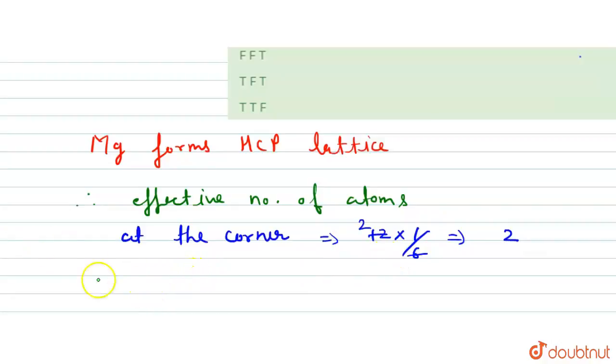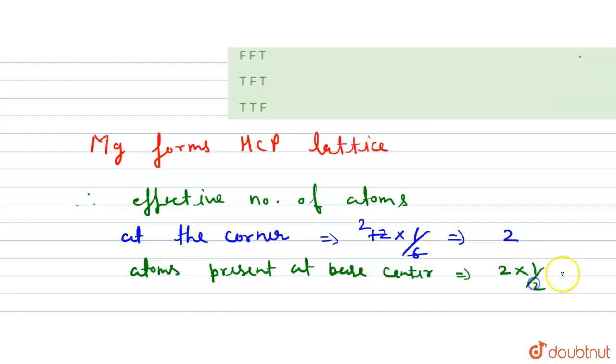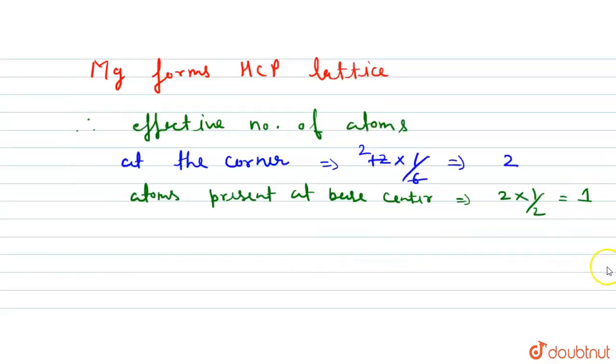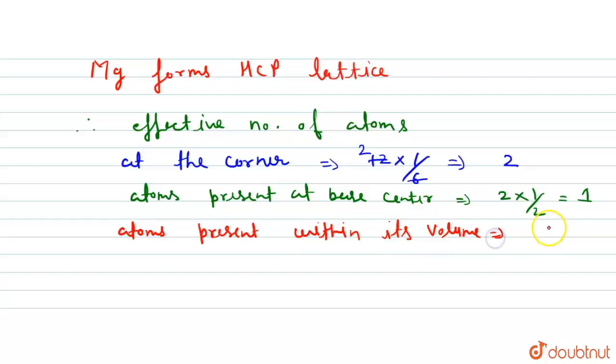Now, second one, atoms present at base center, it is 2 and its contribution is 1/2, which comes to be 1, and atoms present within its volume, it is 3.